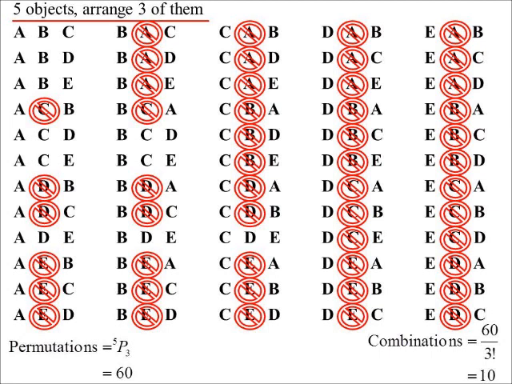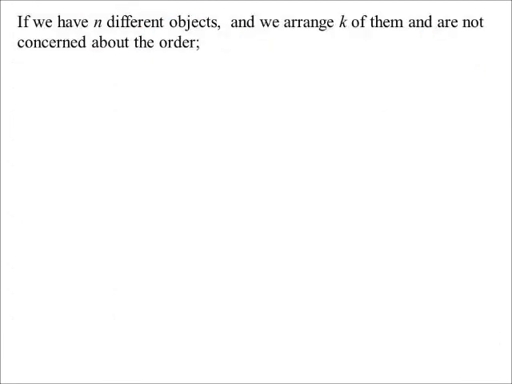Okay. So basically, we're dividing out the number of ways we could arrange the objects. Well, if that's the case, then we can come up with a formula for that. So n different objects, we're going to arrange k of them, but not concerned about the order. I suppose another way of saying that is simply we're just going to select k objects.